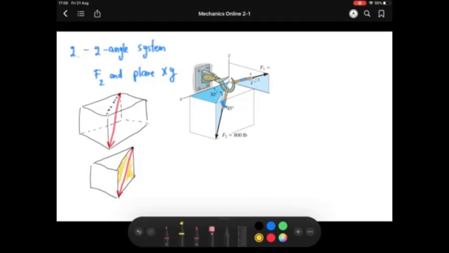So if you look at this side by using engineering drawings, you can see this plane as two-dimensional like this.